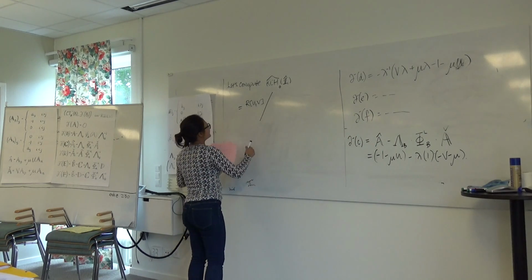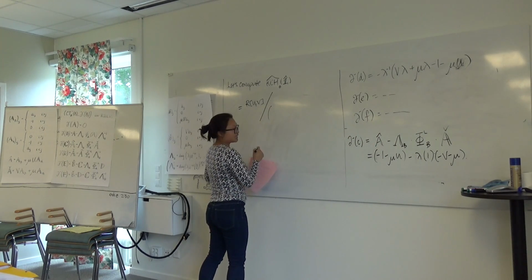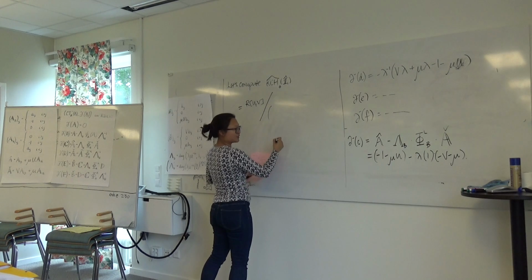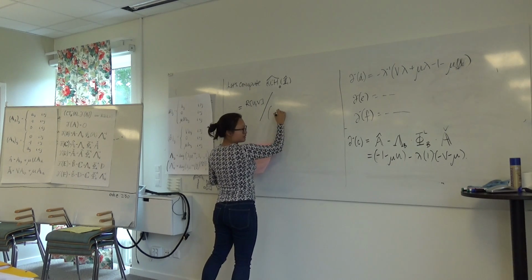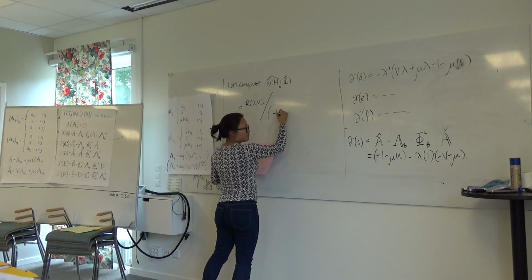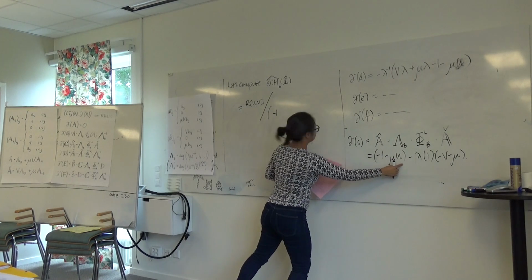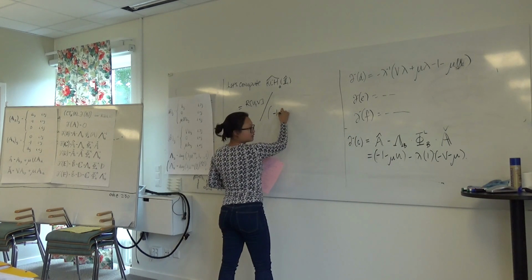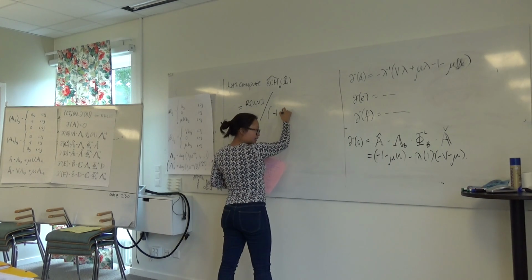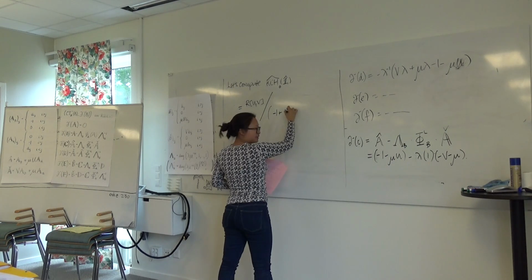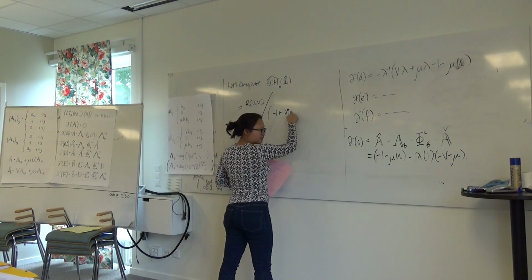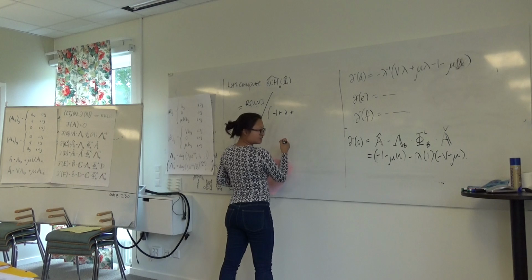So this happens to be commutative, so two-sided ideal, whatever you want to call it: minus 1 minus mu times 0, minus lambda times, well, plus lambda times 1 plus lambda mu.